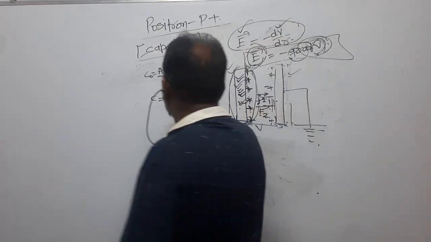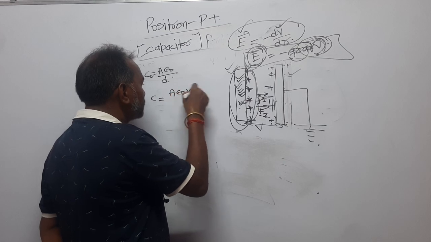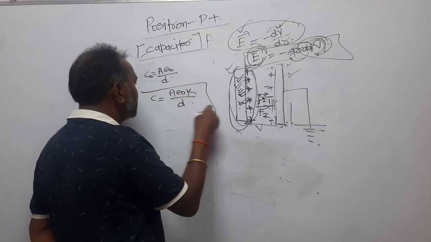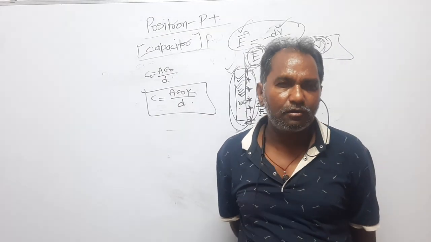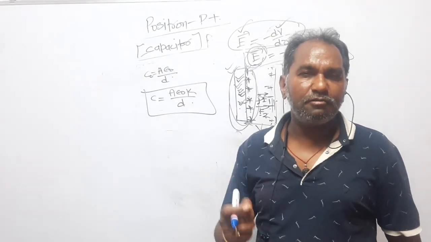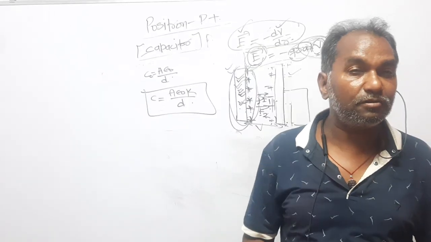And if a dielectric is filled, then it turns out to be C is equal to epsilon naught K upon D, where K is said to be the dielectric constant. For air, K is equal to 1, and the maximum value is for water, that is K is equal to 80.